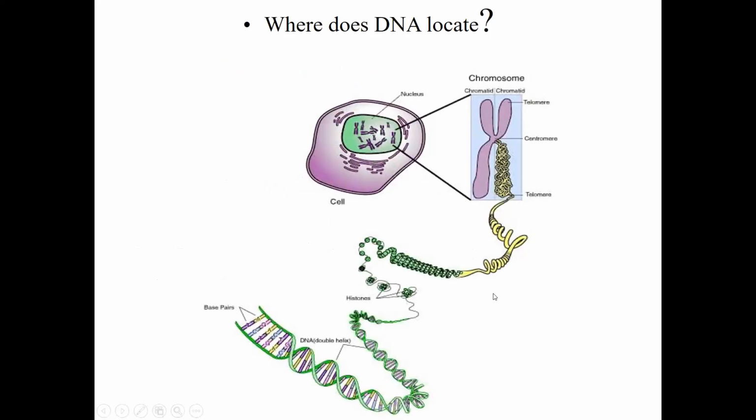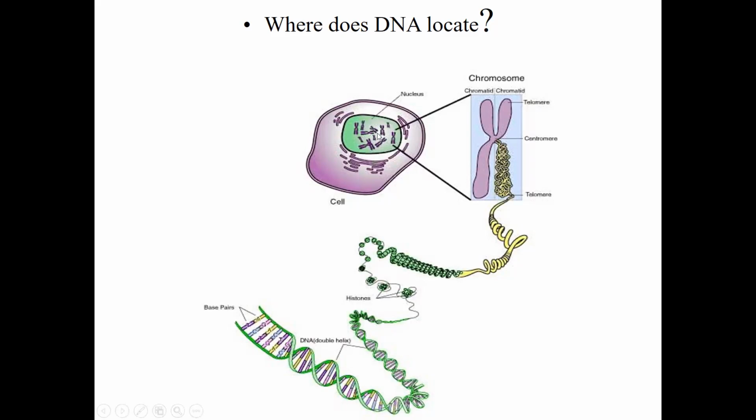If I ask you this question, where does DNA locate, the answer would be DNA locates in the nucleus. And more specifically, DNA locates in the chromosome, and chromosomes are located in the nucleus. Here you can see the DNA double helical structure, and chromosomes you can see in the nucleus.